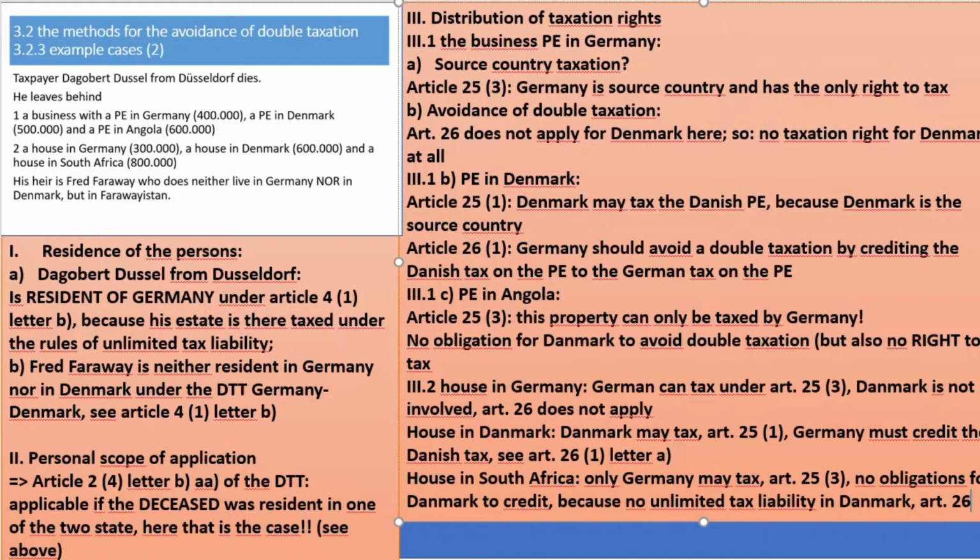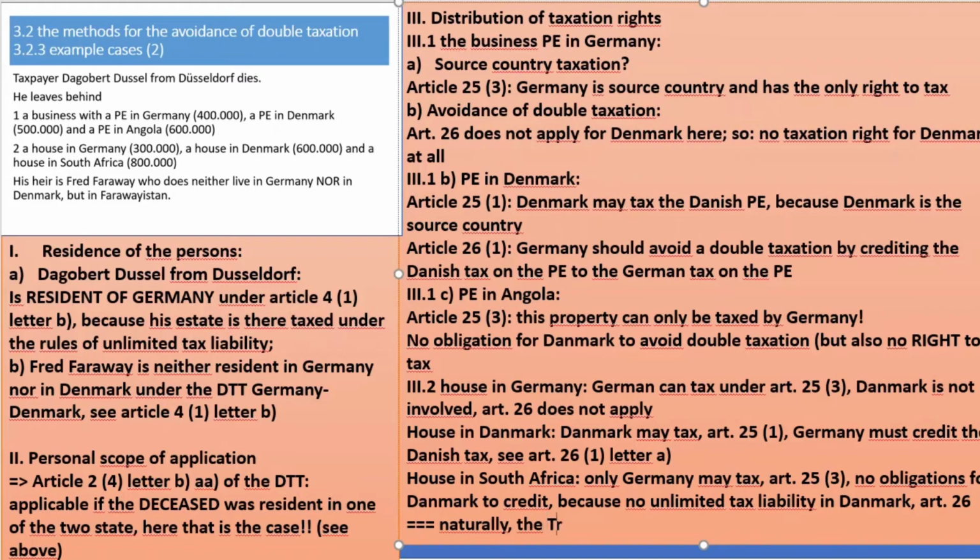By the way, this constellation would be highly interesting in cases where some deceased person had a double residence, because that double residence is reduced by the tiebreaker rules in the double taxation treaty only to a single residence country. So that then indeed Denmark would lose taxation rights. Now, what else is naturally clearly to remark?